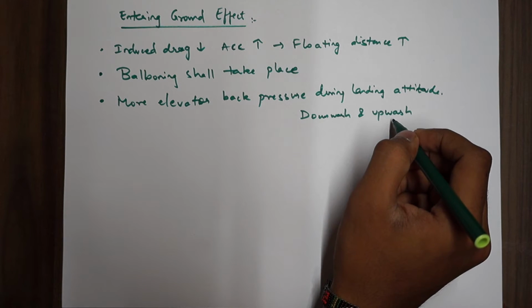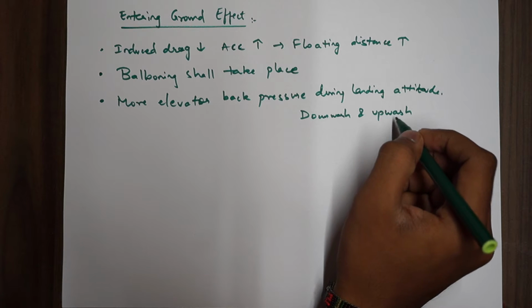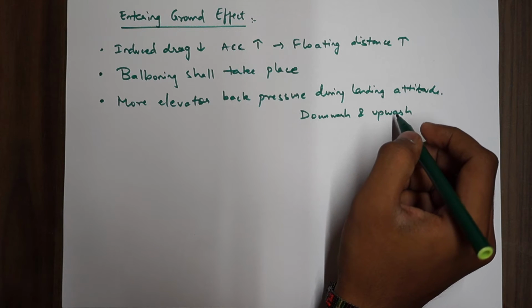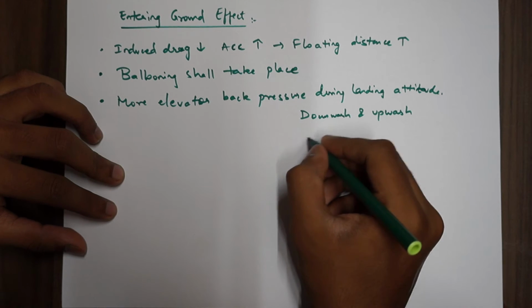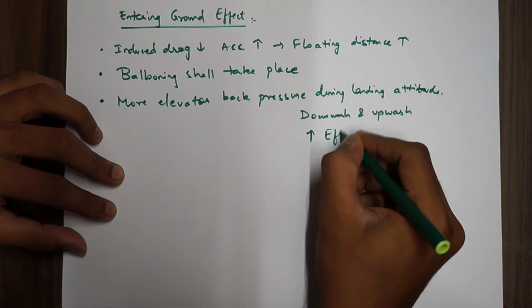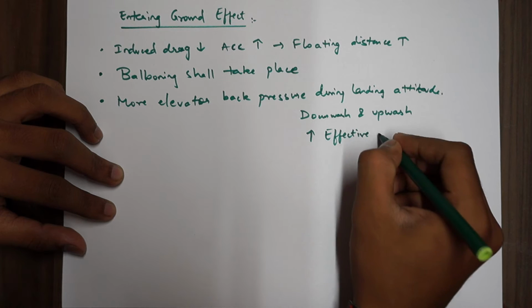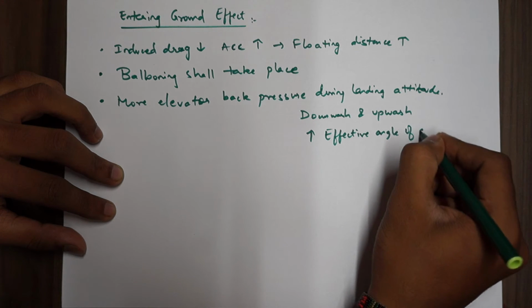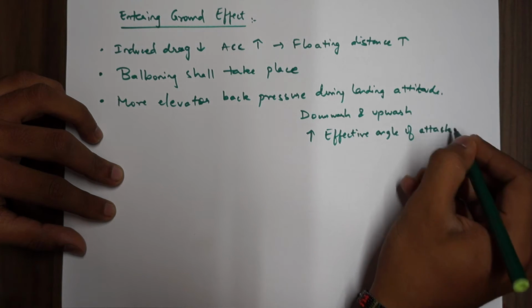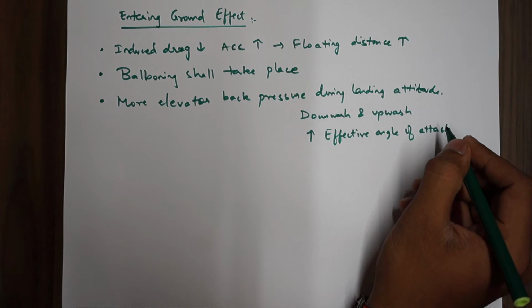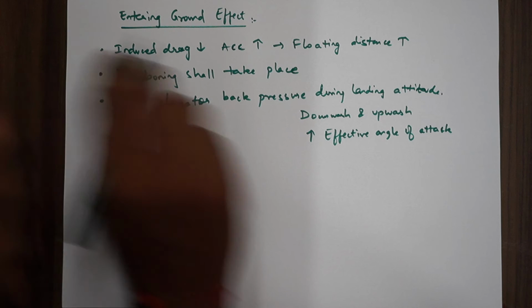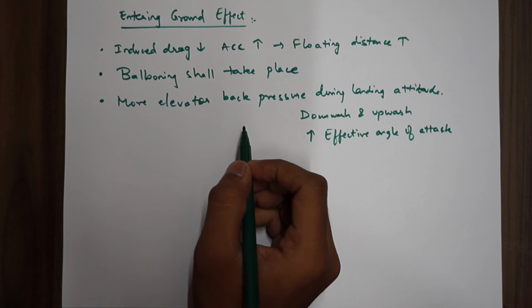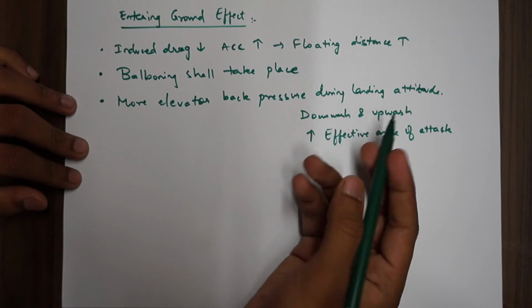What happens is that this leads to an increase of effective angle of attack. Okay, so this will lead to a down pitching moment, and hence you need to hold the attitude. Basically it's called the flaring attitude.